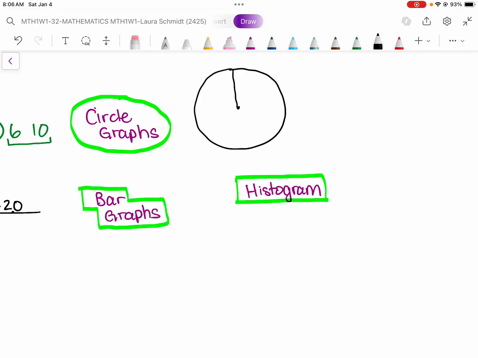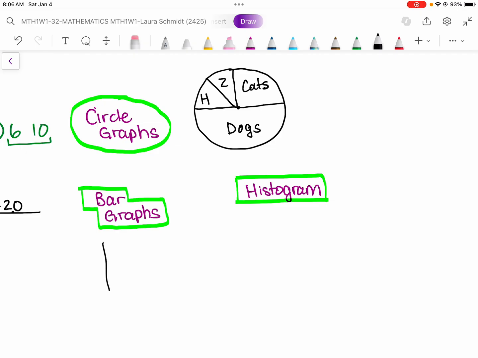You would show, like, 25% of the people like cats, and half of the people in this class like dogs, and maybe 1/8 of the people like horses, and another 1/8 like zebras or whatever. So it's where you just take the data and you section it off in a circle.